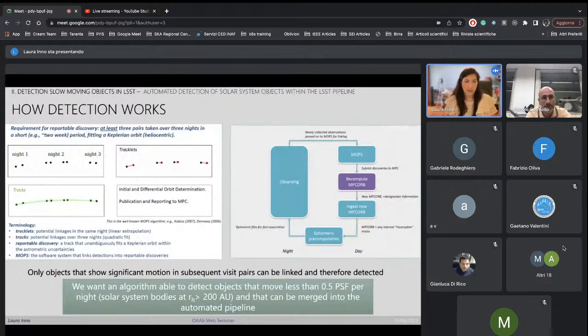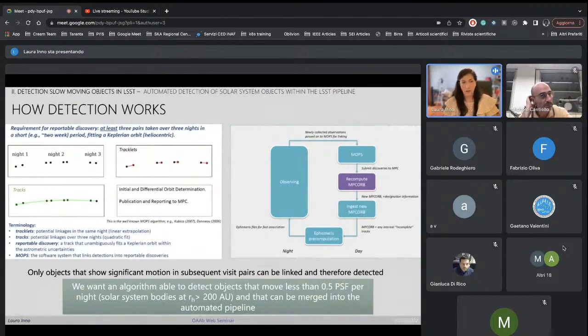But for the solar system objects, basically we'll use software that will track the changing position of the objects from the two subsequent visit pairs. So when an object shows significant motion in two subsequent visit pairs, then this motion will be linked together. And then after several observations, they will all be fitted by a Keplerian heliocentric orbit.